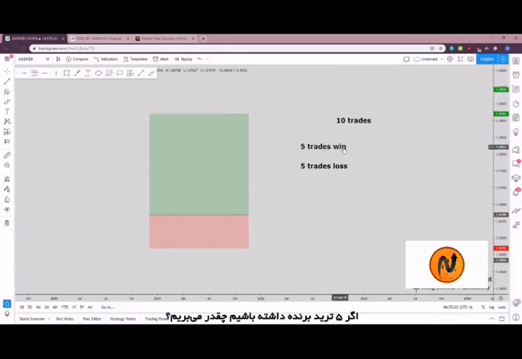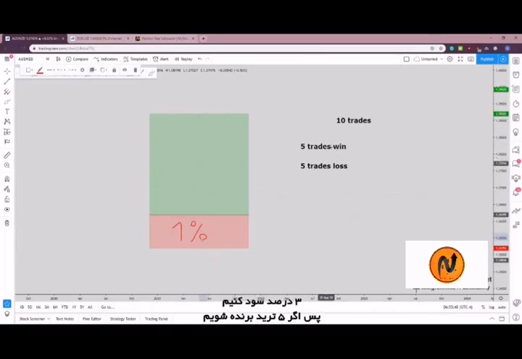If we win 5 trades, how much will we make? Let's assume we're risking 1% per position. We are risking 1% to make 3%. So if we win 5 trades, this means that we risked 1% five times to make 3% each time. So it means that we made 15%.